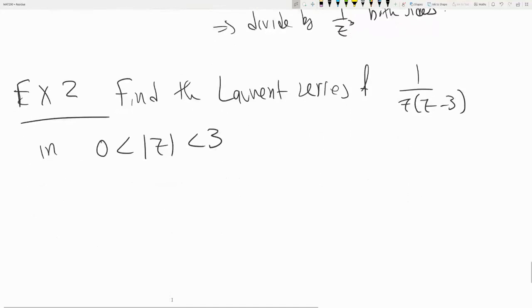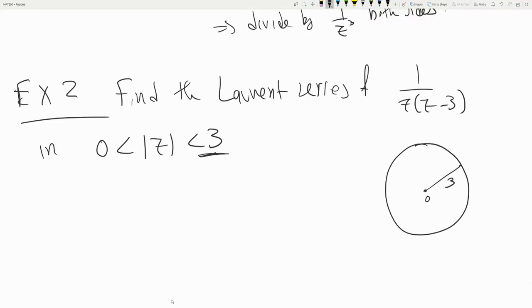But the point is, here it goes up to 3, so we're not worried about the other pole.